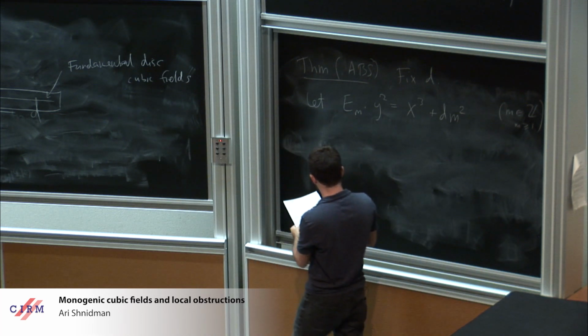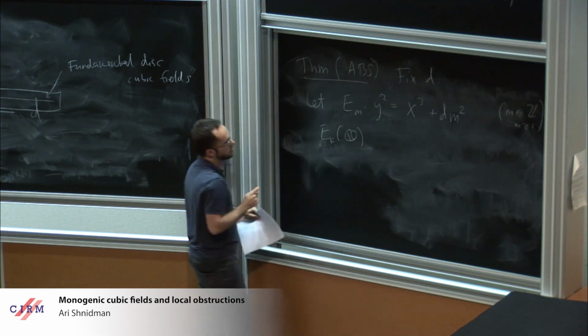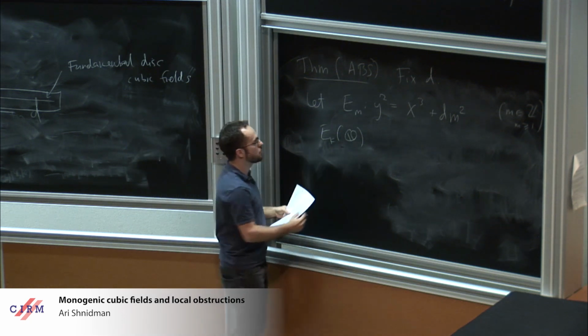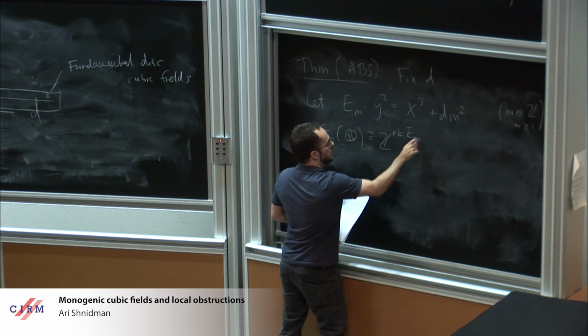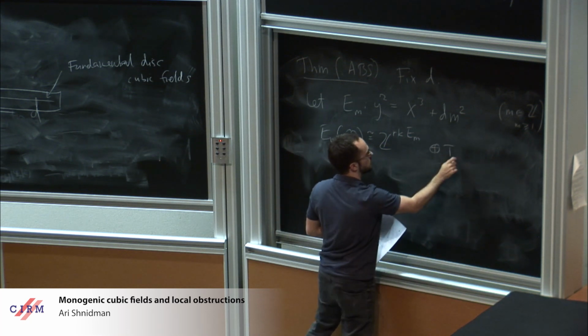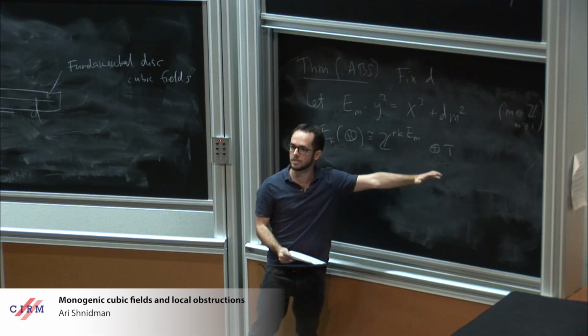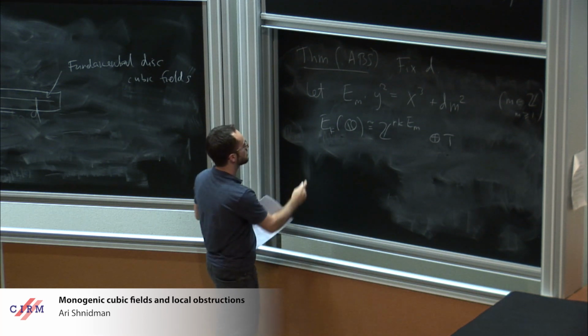And the statement, well, we have the theorem of Mordell and Weil, or just Mordell in this case, that the group of rational points is finitely generated. So this is Z to the rank of E_M, direct sum some torsion group. This torsion group is generally trivial in these families, so we can safely ignore it when we talk about average questions.